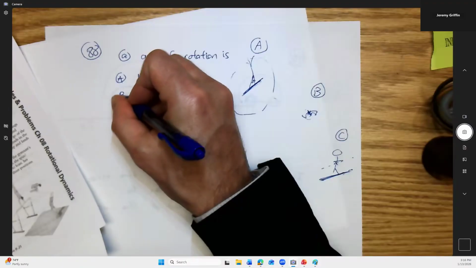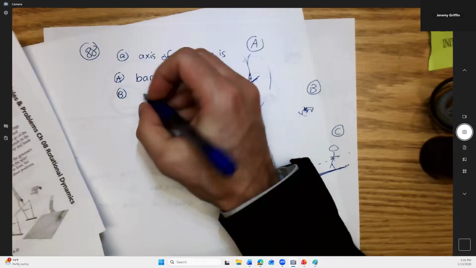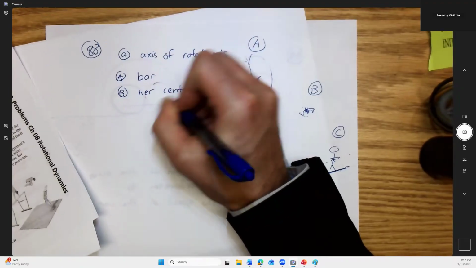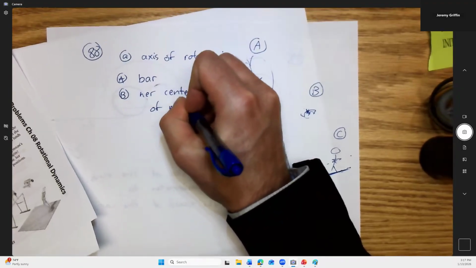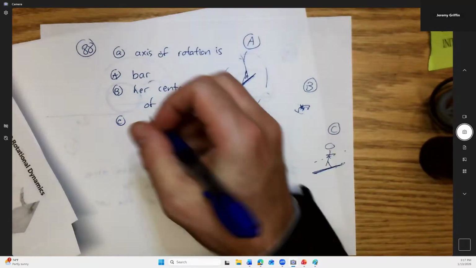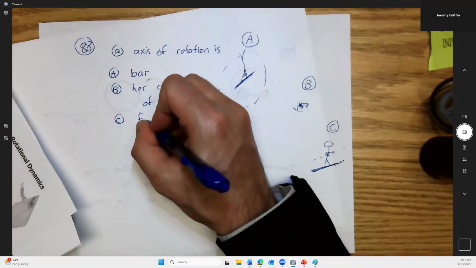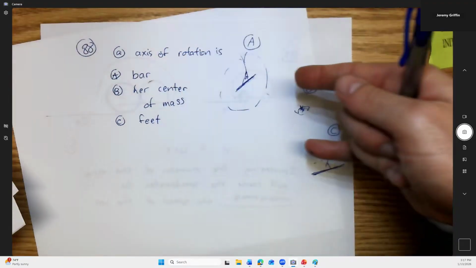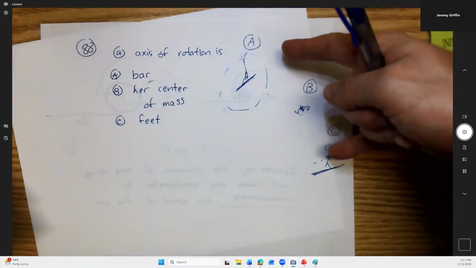In frame B, it would be her own center of mass. And when we get to frame C, let's call it her feet. Her feet, right?